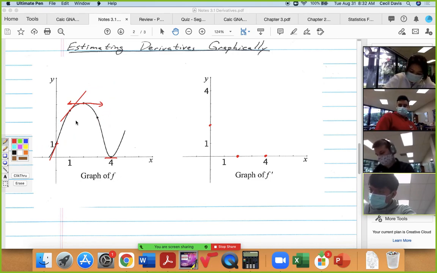So let's see, if I go over 1, about how much have I gone up? Well, I went from here to here. It looks like about 1.5. So at 1, I'm about at 1.5.